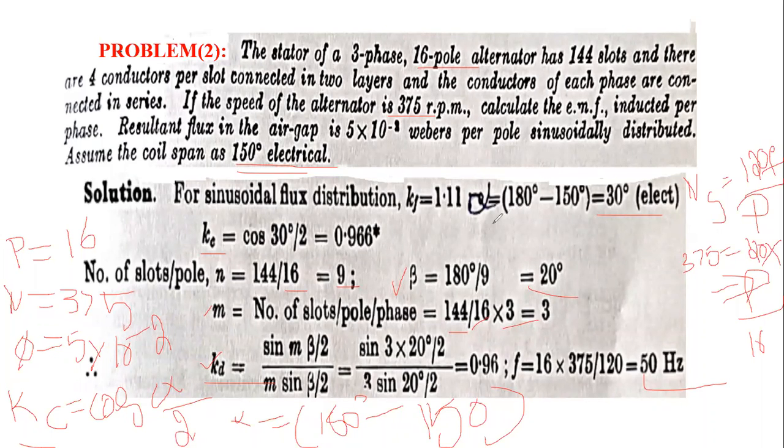Next, we calculate the beta value. What is the formula for beta? Beta is equal to 180 degrees by number of slots per pole.